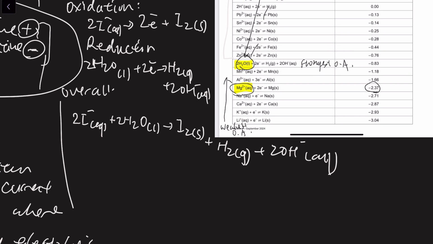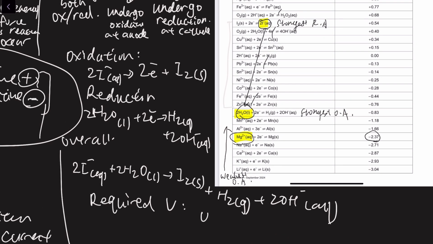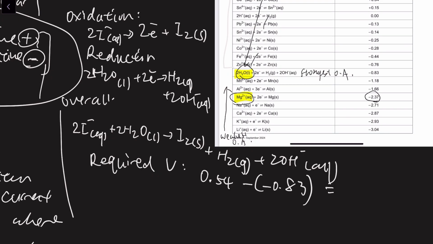So what is the potential difference required for this reaction to occur? It is 0.54 minus (-0.83), which is 1.37 volts.